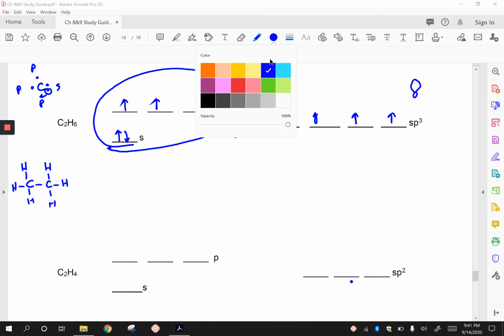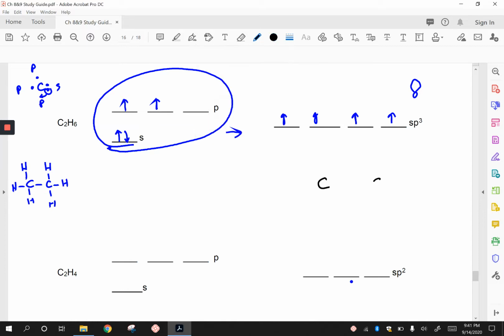So I'm going to go ahead and draw my carbons here. There's a carbon, there's my second carbon. And those carbons, each of them, their orbitals have mixed, and now I have, again, those 4 orbitals mixing together to give me 4 sp3 orbitals.